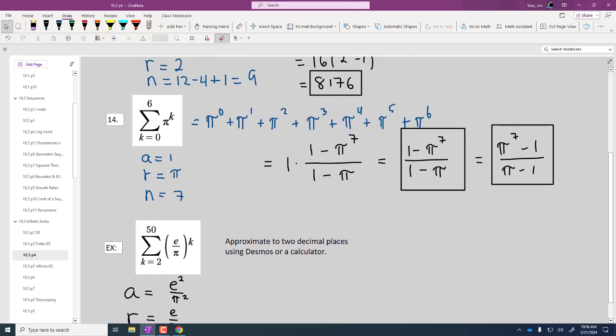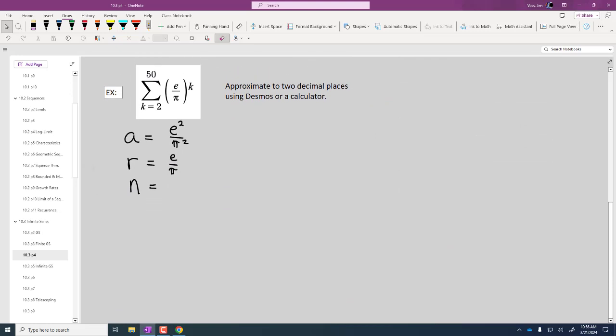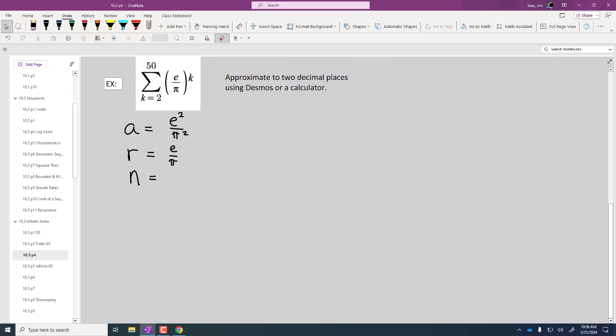If this was infinite, would it converge or diverge with that common ratio? Diverge. So that's greater than 1, so this would be a divergent infinite series. And this one, would it converge or diverge for this infinite series? That R value is also bigger than 1, so it would also diverge. So anytime that common ratio is bigger than 1, the infinite series would diverge. The finite series always converges, right? It's a finite series. You're just adding a finite number of numbers together. So it has to converge.